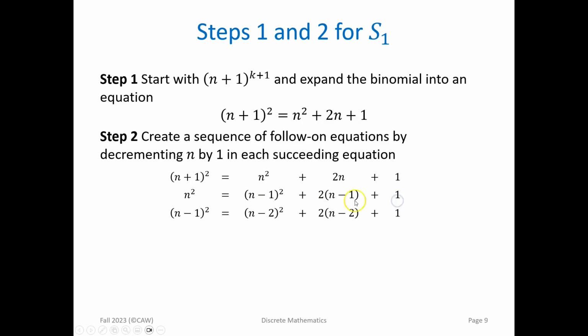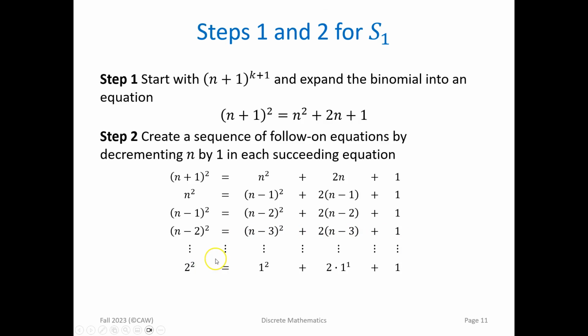We're going to continue with this. We'll then subtract 1 again from that equation. (n-1) squared is equal to (n-2) squared plus 2 times (n-2) plus 1. One more, (n-2) squared is equal to (n-3) squared plus 2 times (n-3) plus 1.